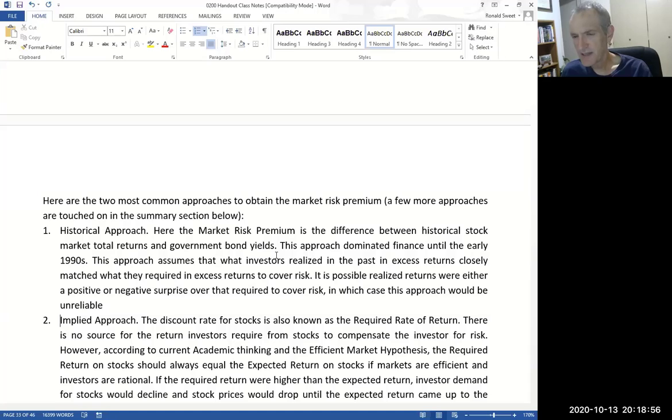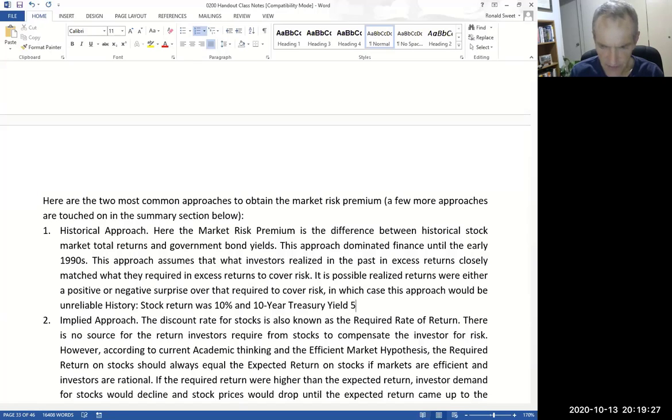So all he did is he said, okay, his argument was what investors have gotten in the past is probably comparable to what they're going to be requiring in the future. So let's say history says stock return was 10% and the 10-year treasury yield was, say, 4%, then the market risk premium would be 6%.